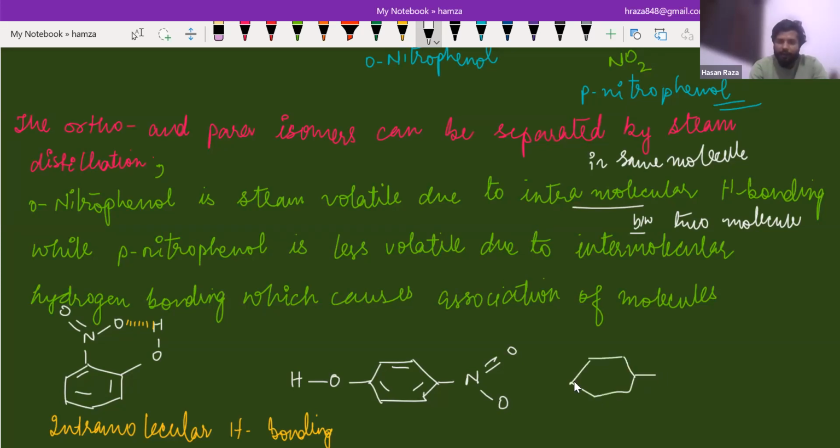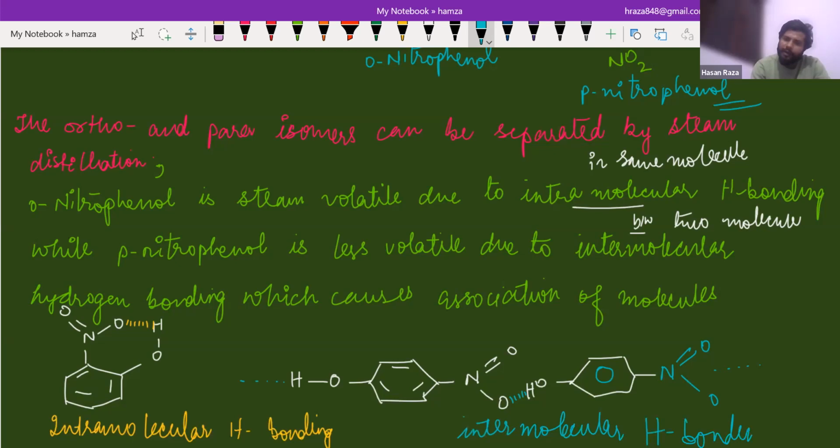That means these two molecules will have hydrogen bonding, that is called intermolecular hydrogen bonding.